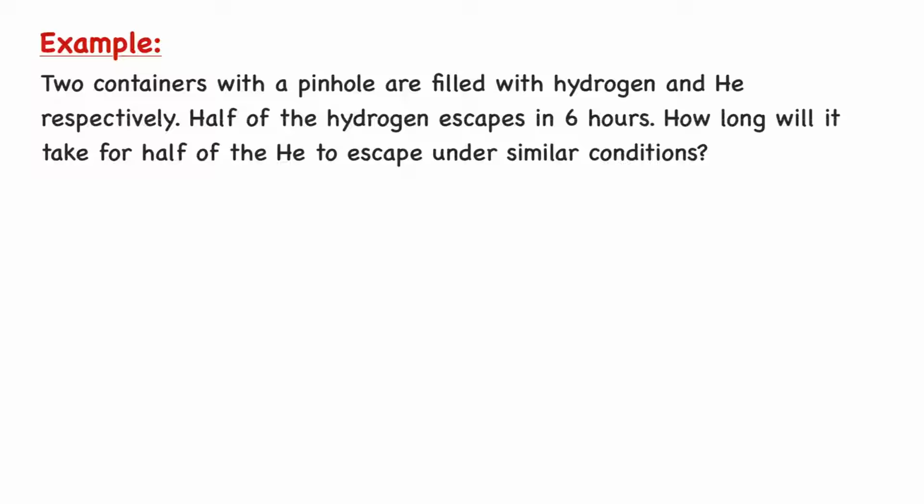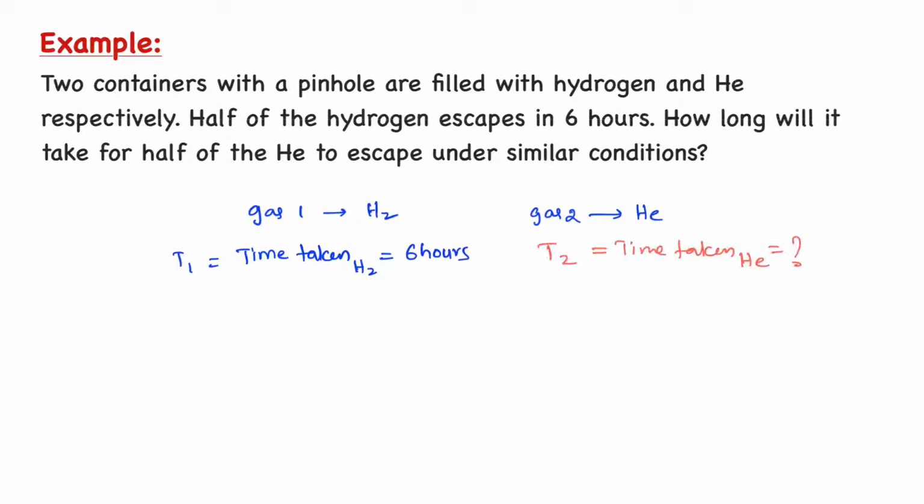Let's assume gas 1 is hydrogen and gas 2 is helium. And it is given that the time taken for half of the hydrogen to escape is 6 hours, that is, T1 is equal to 6 hours. And we are being asked to calculate the time taken for half of the helium to escape, that is, T2.